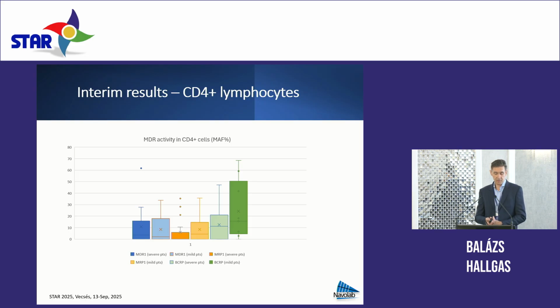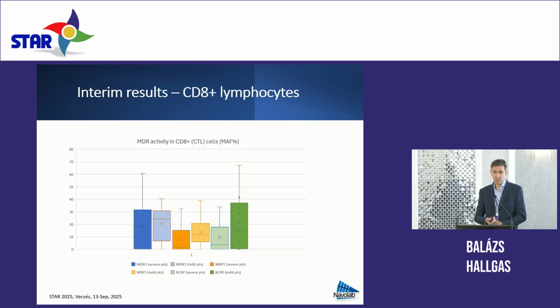And you see that in the severe patient cohort, there at least seems to be a much smaller activity in MRP1 than with any other transporters. For the cytotoxic lymphocytes, the CD8 positive lymphocytes, the pattern is almost the same.